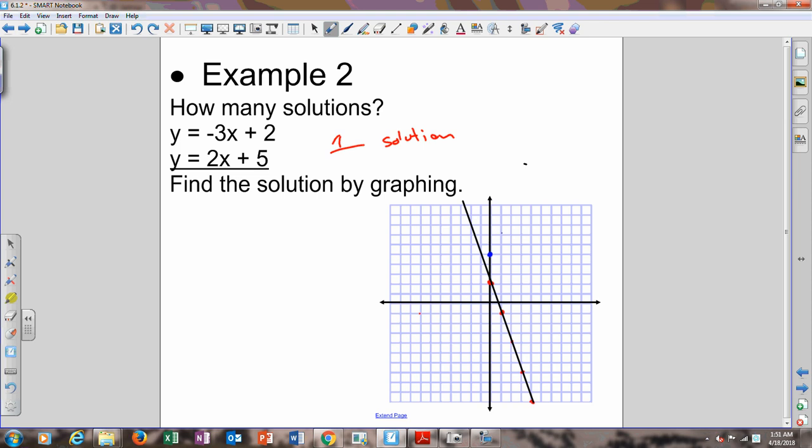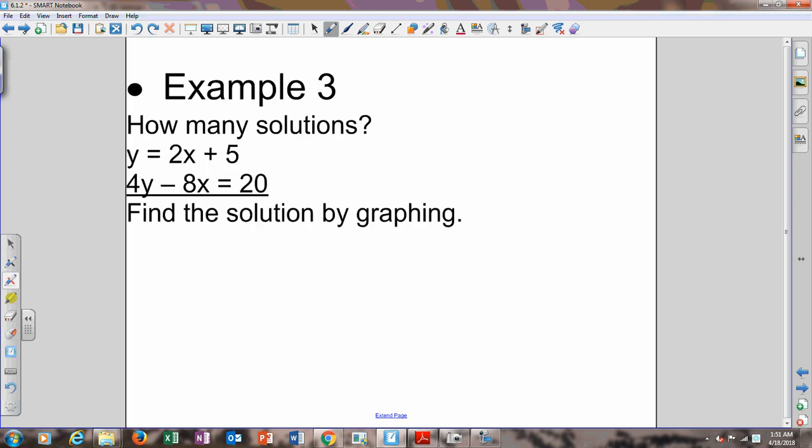You go up 2, right 1, up 2, right 1. Now we get to estimate because it's not pretty. So we can say it's like negative 1/2 and 4, somewhere around there. Again, I gave you all pretty questions. You're welcome.